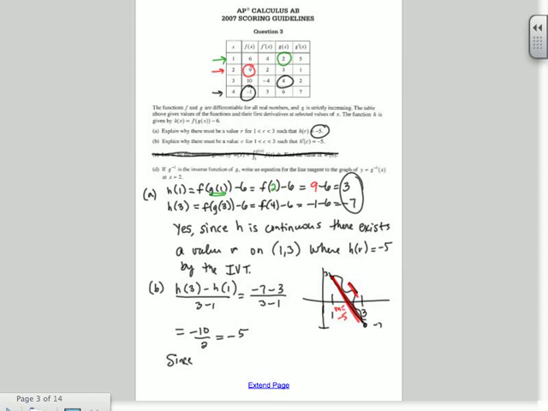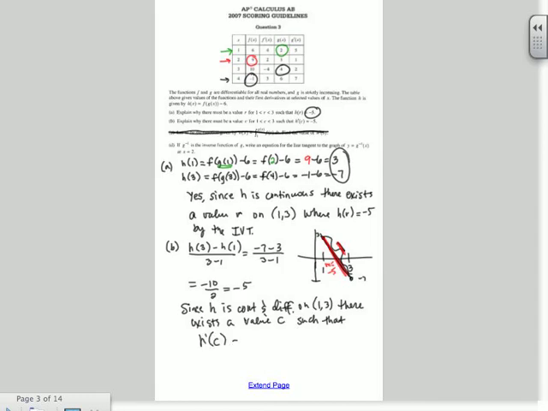So since h is continuous and differentiable on that open interval, there exists a value c such that h prime of c equals -5 by the mean value theorem. You can call it the MVT.